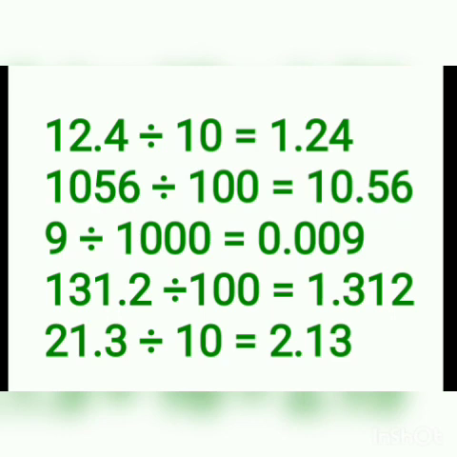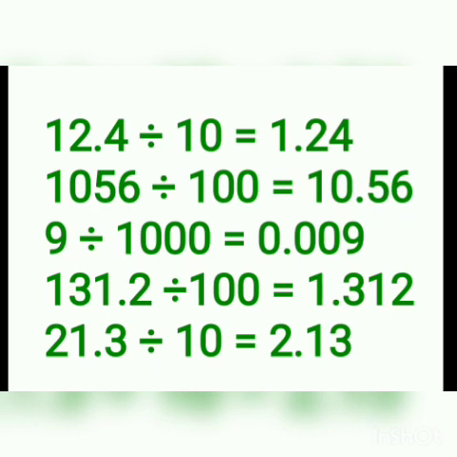So once again, if it is multiplication of a decimal number by 10, 100 or 1000, we are shifting the decimal point to the right depending upon the number of zeros in 10, 100 or 1000. If it is division of a decimal number by 10, 100 or 1000, we are shifting the decimal point to the left depending upon the number of zeros.